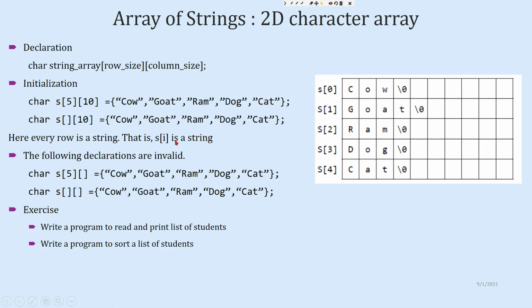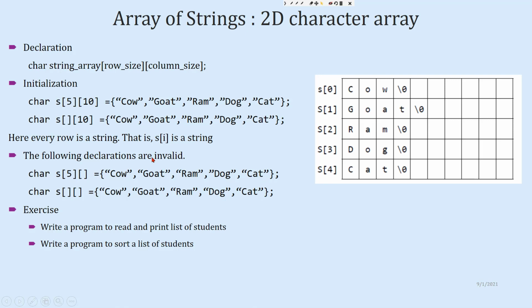That is, S of I is a string. Here S of 0 means first row, S of 1 means second row, S of 4 means fifth row. So here every row is a string.